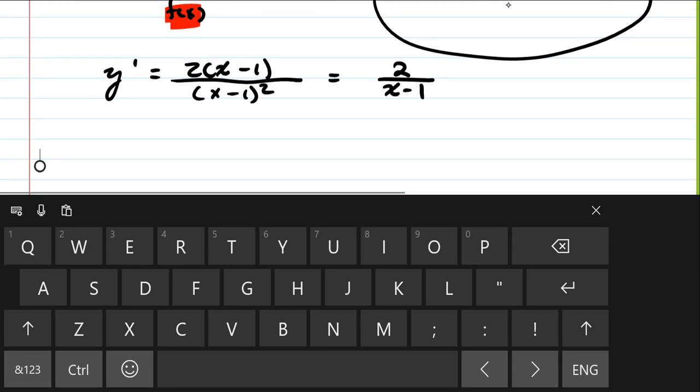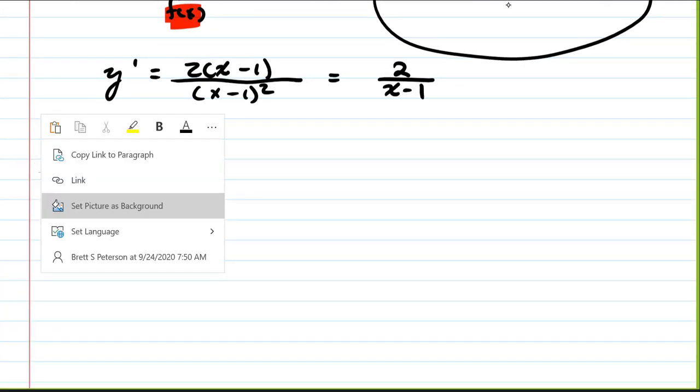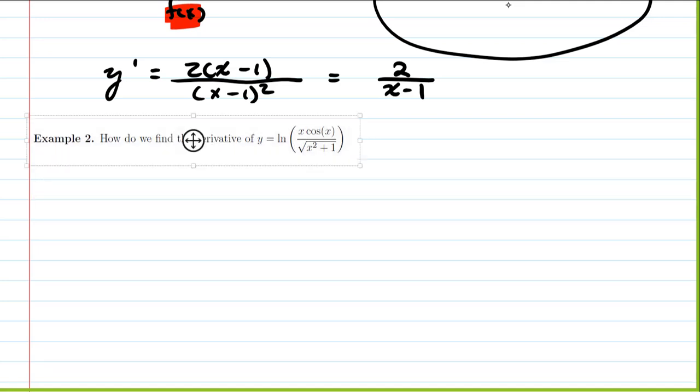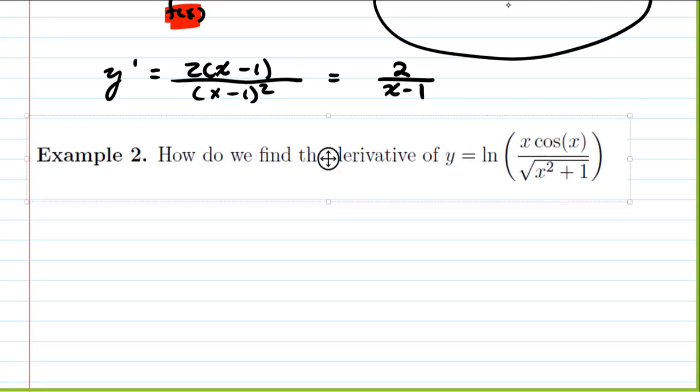Example 2 asks us the question, how do we find the derivative of y equals the natural logarithm of x cosine x over the square root of x squared plus 1? Whew. So if we look at this, it looks really complicated. So let's enumerate what we would need to do.